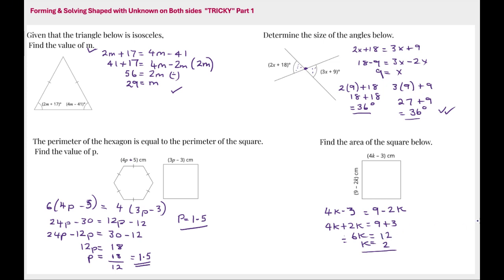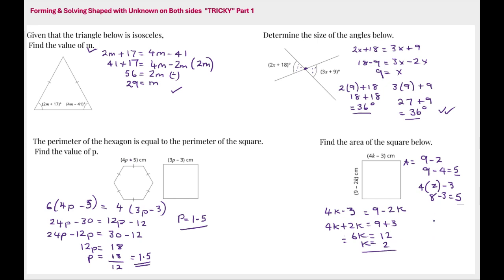Now we can find out the area. And to find out the area, we're going to do 9 minus 2 times 2, 9 minus 4 equals 5. And we're going to put 4 times 2 minus 3, 8 minus 3 equals 5. So plugging our 2 into our equations, we have 5 and we have 5.